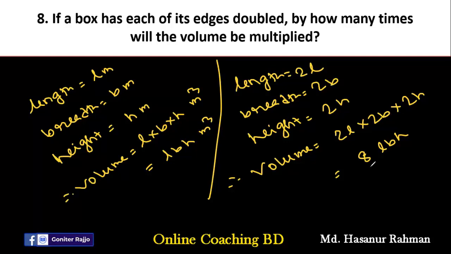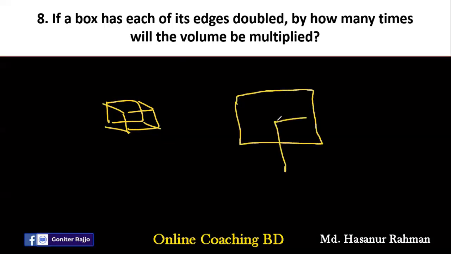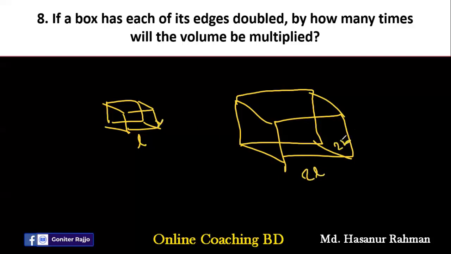There is another shortcut way. Suppose this is one box and this is another box, and we're just doubling this one, nothing else. My figure is not the correct one, but I'm just trying to make you understand properly. If this is L, it will be 2L. If this is B, it will be 2B. If this is H, it will be 2H. Then the volume will be 8 times.